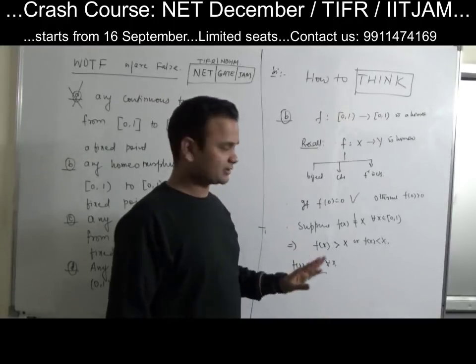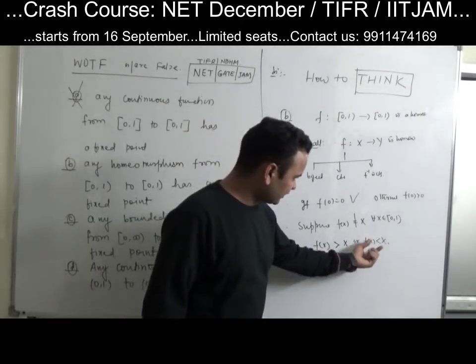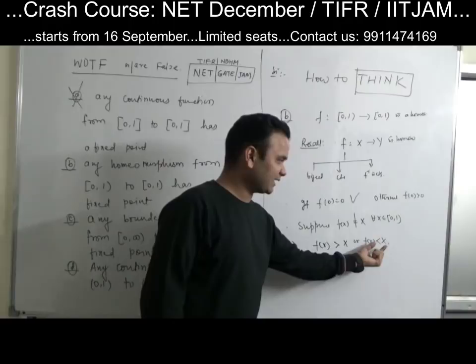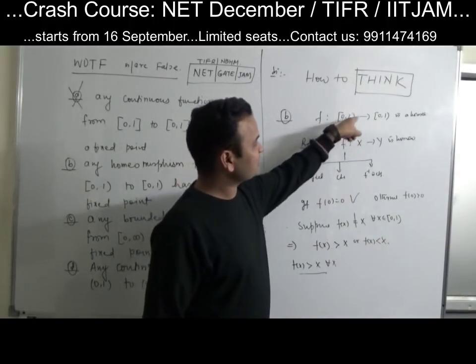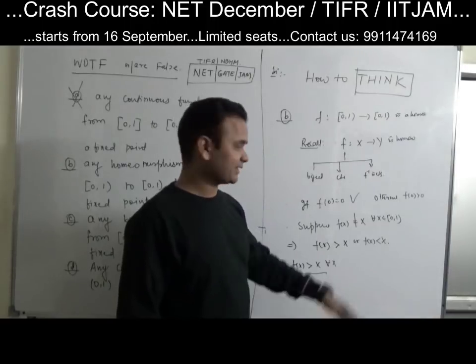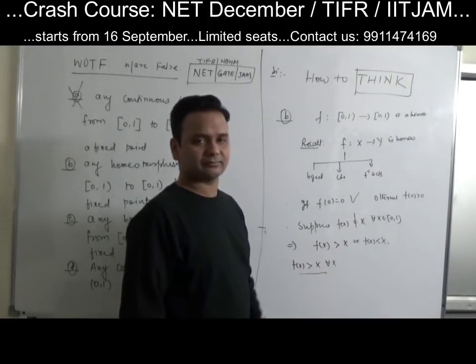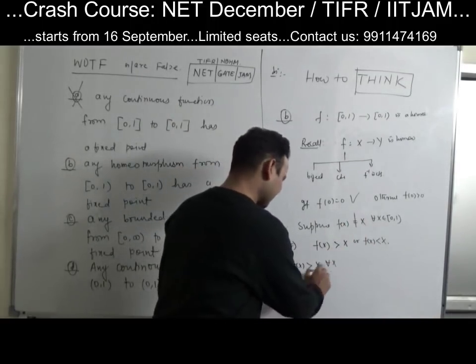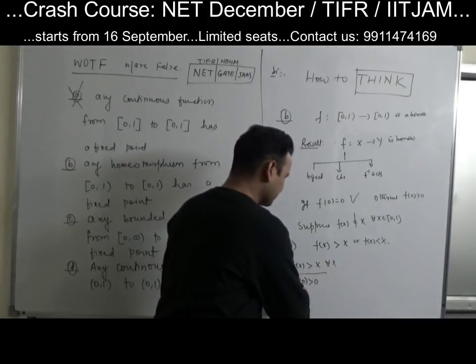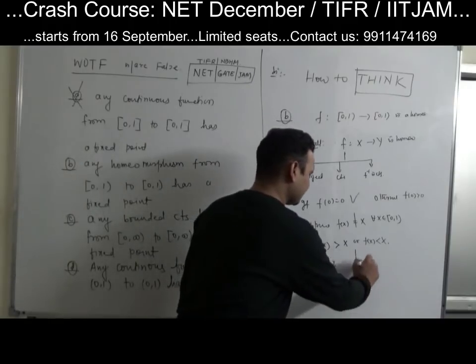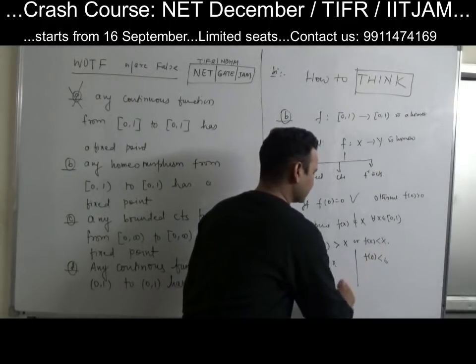So this is a contradiction. How can f(0) be 0? How can it be negative? If this is true for all x, then f(0) is positive, which is a contradiction, meaning 0 has no pre-image.